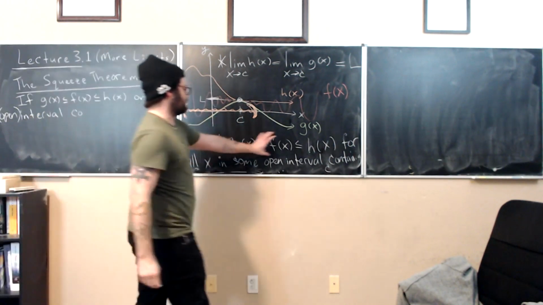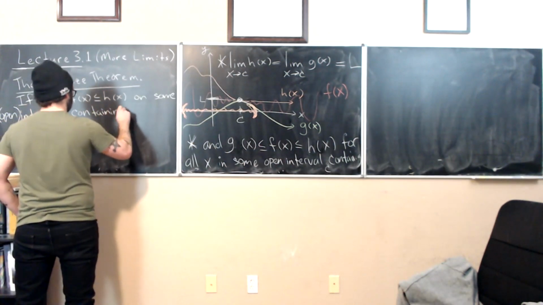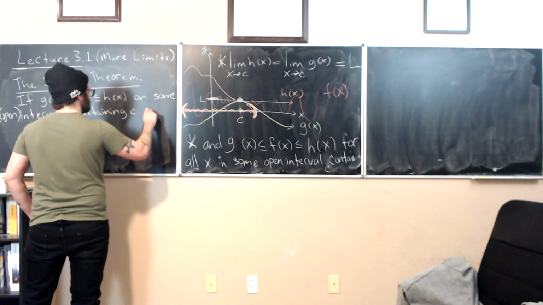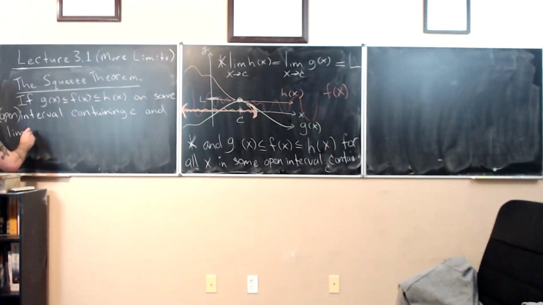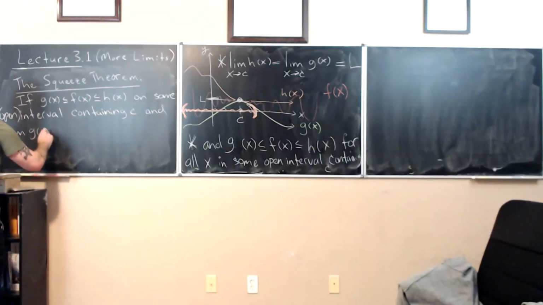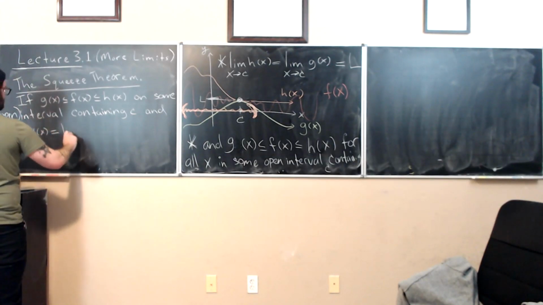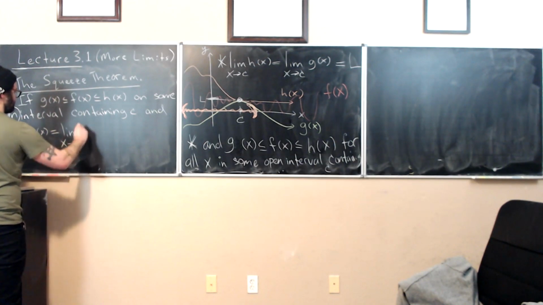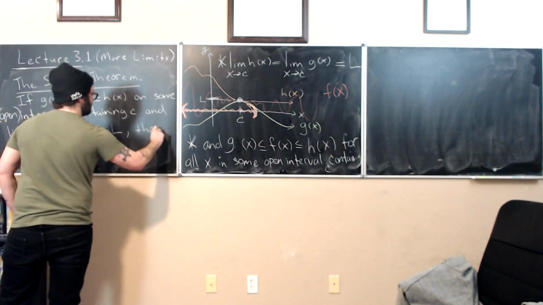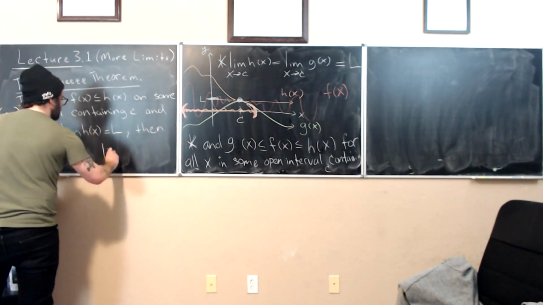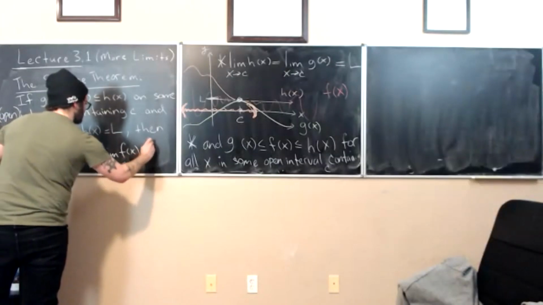So this is occurring on some open interval containing c. And the limit of g of x as x approaches c equals the limit as x approaches c of h of x equals L, then the limit of f of x as x approaches c is equal to L.